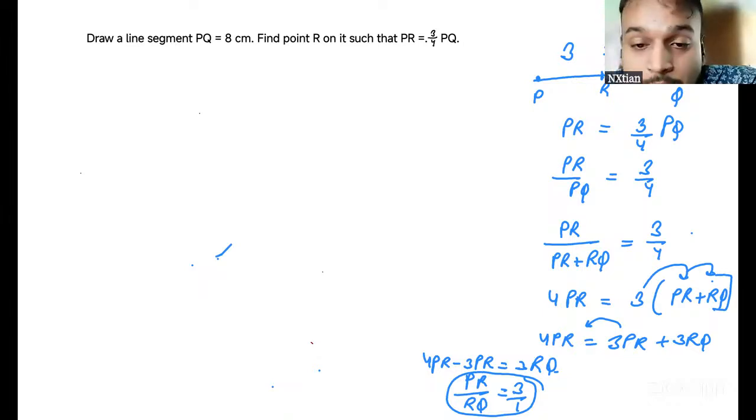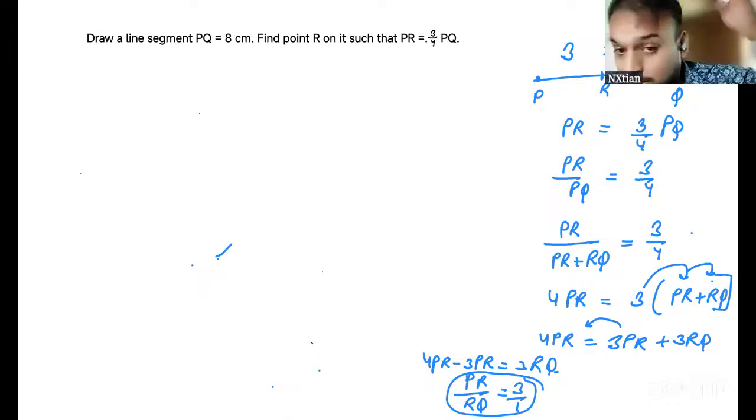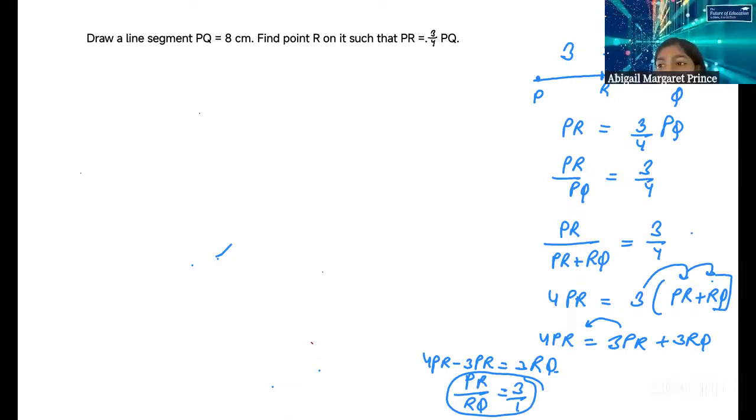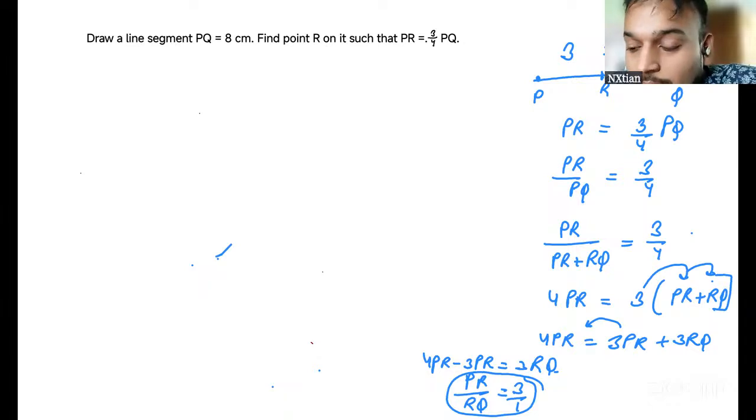That's what I'm saying. If in your exam, the hint is not given, then what will you do? Then you will say, sir, your mistake, you didn't tell us. That's what I'm saying. You have to solve it. Yes, you have to write this step. You have to first form the ratio of PR upon RQ.